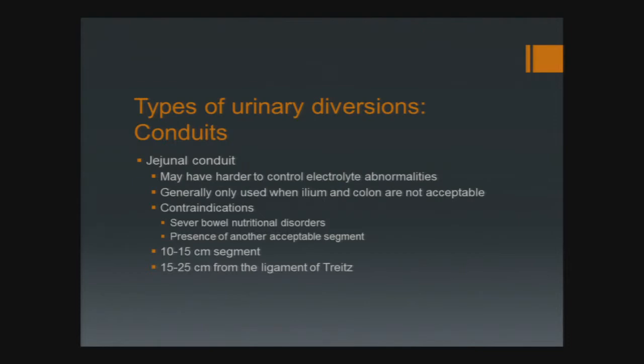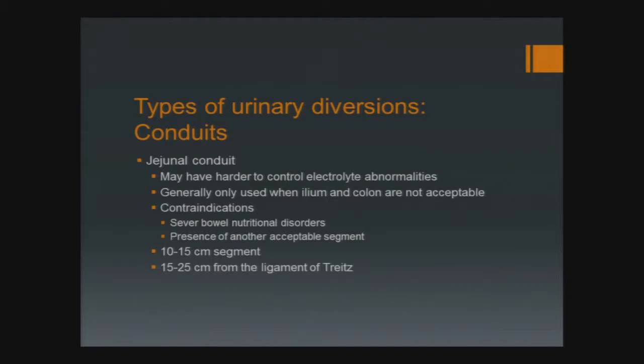The next type of diversion I'll talk about is a jejunal conduit. I'm going to go relatively quickly over this because it's not very common, but it may have harder to control electrolyte abnormalities, and we'll talk about why later in the talk. It's usually only used when ileum and colon are not acceptable.